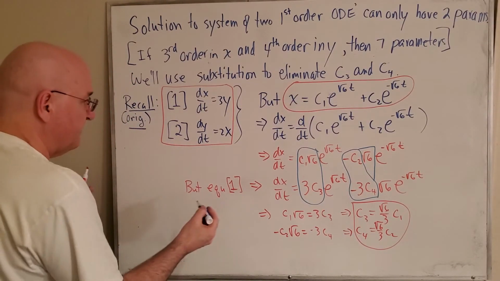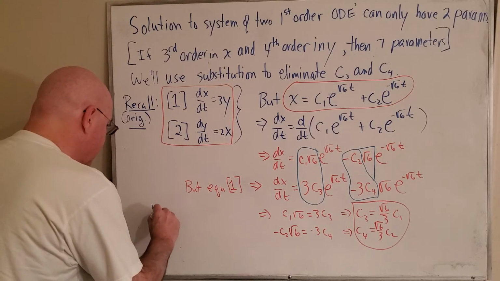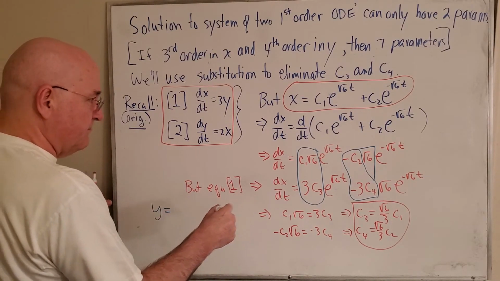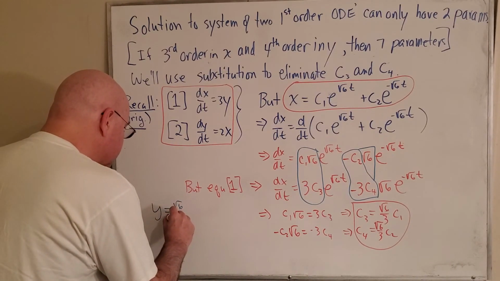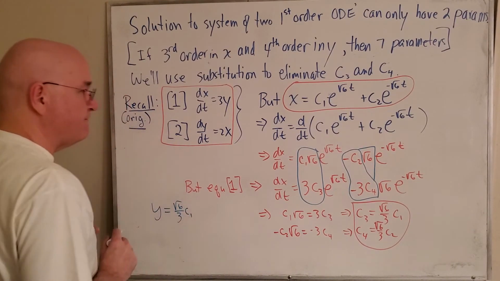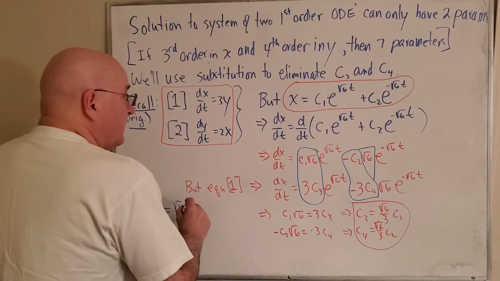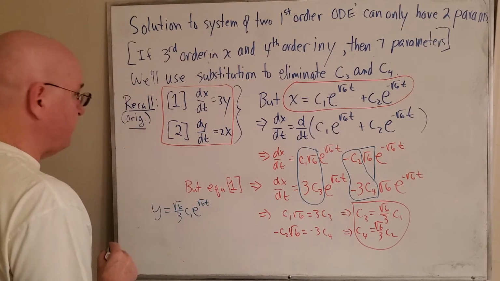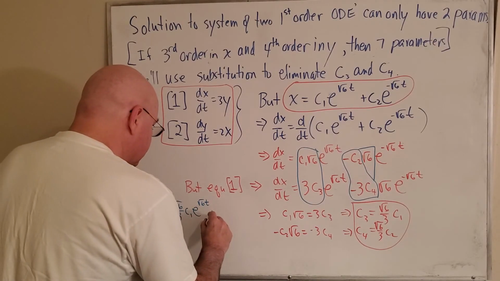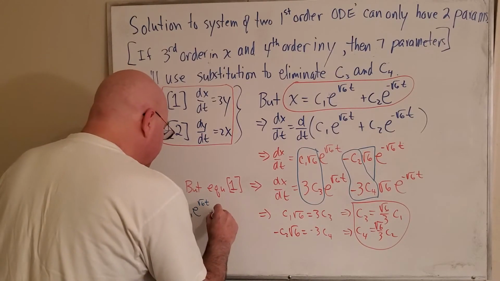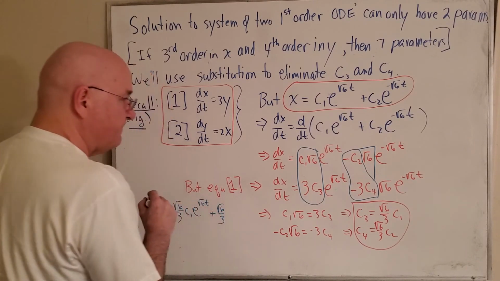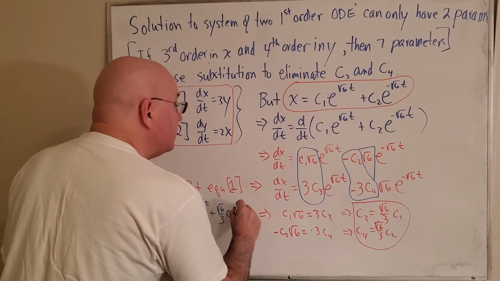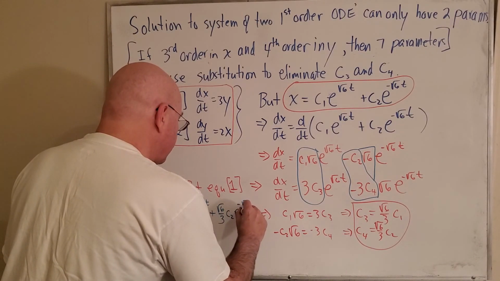And unfortunately, I kind of ran out of room. So Y is equal to, C3 is radical 6 over 3 C1 e to the radical 6t plus C4 is radical 6 over 3 C2 e to the negative radical 6t.